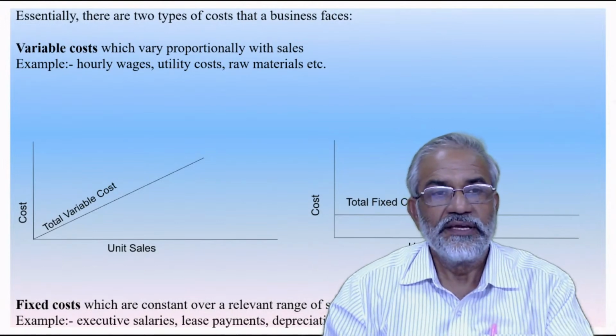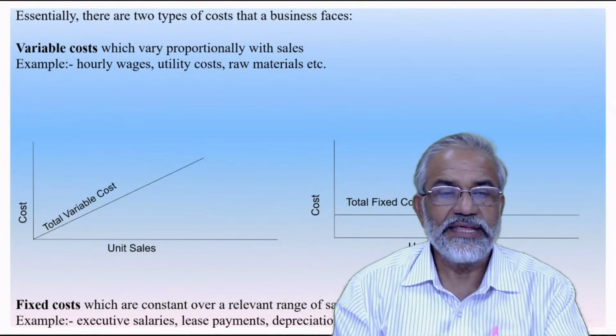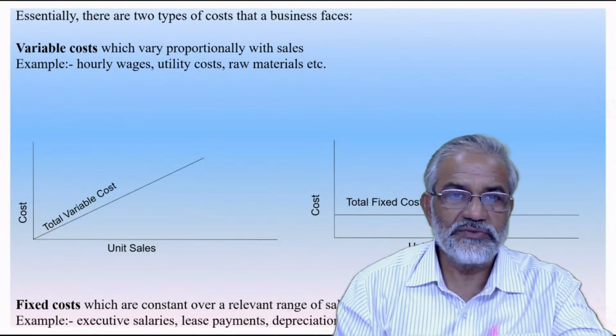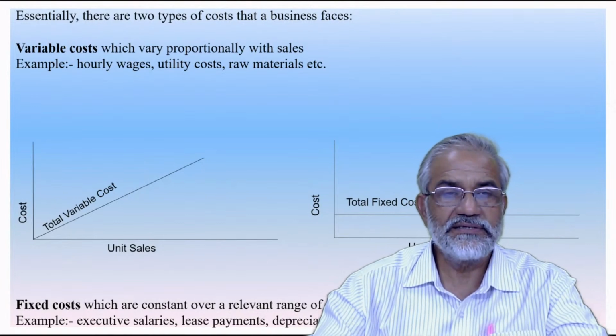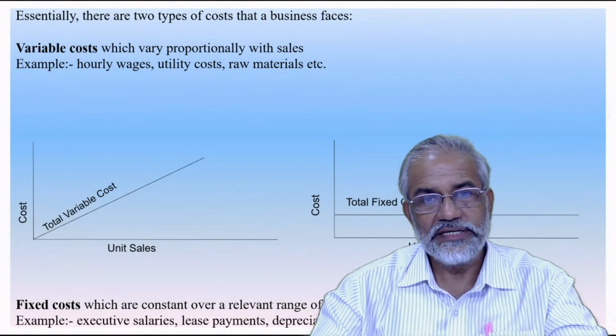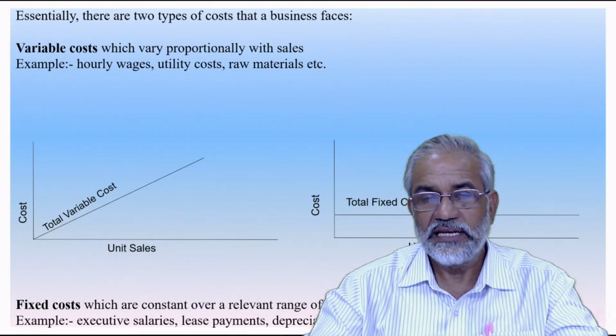Essentially, there are two types of cost. One is the variable cost and the second one is the fixed cost. The variable cost varies directly and proportionately with the volume of production or sales, and the examples are hourly wages, utility costs, raw materials, etc., and direct labor cost also.